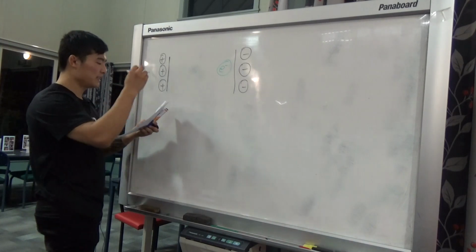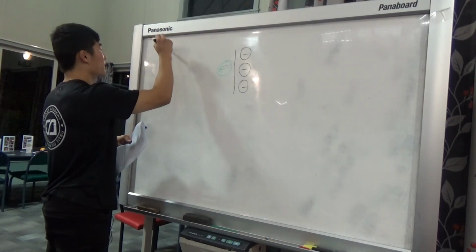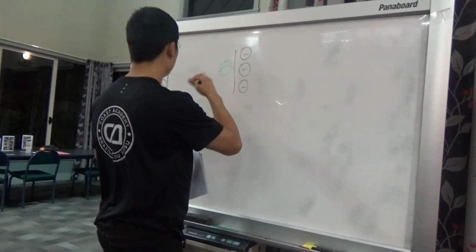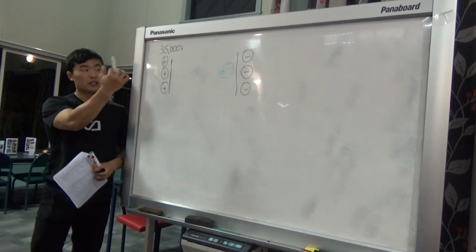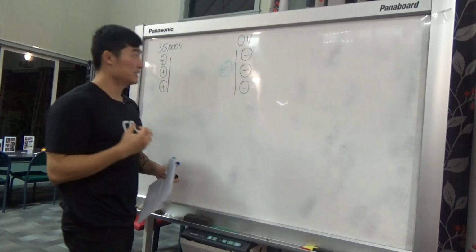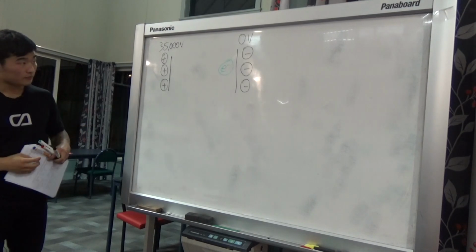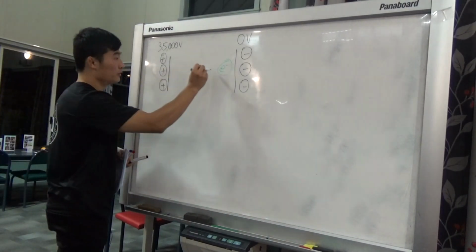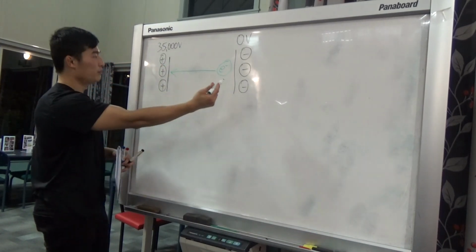So in this case, our voltage is 35,000 volts on this side. And remember, the positive plate always has the higher potential. So going back to electricity, the negative plate we can assume is 0 volts. This electron is going to be attracted to the positive plate and repelled by the negative plate.